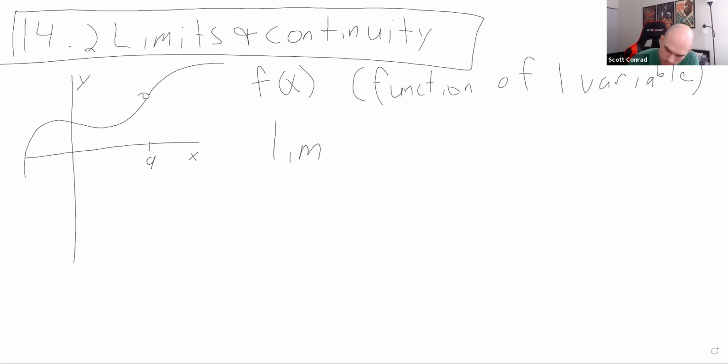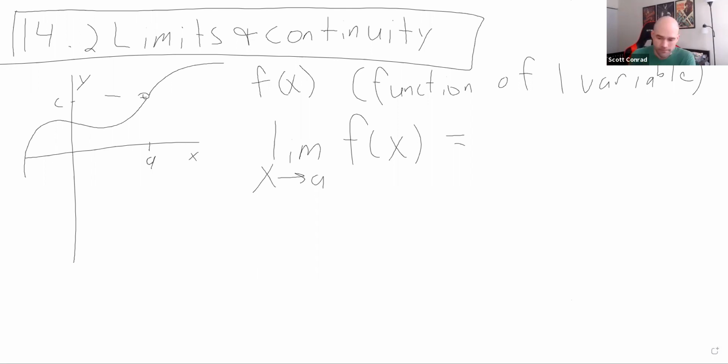So suppose this is c. Suppose we want to see the limit as x approaches a of f of x. If we look at this graphically, what's going on here? The function's not actually defined there, so saying f of a doesn't make sense because f doesn't take on a value at a. But we can talk about the limit.